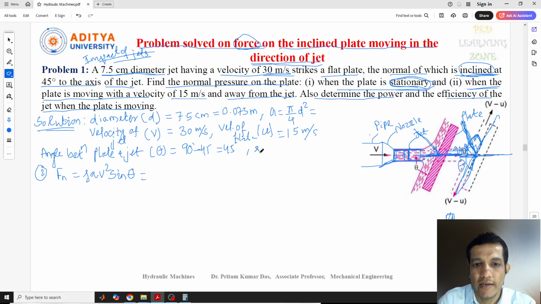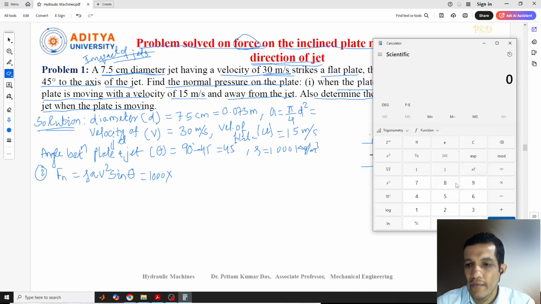So I can write density equal to 1000 kg per meter cube. And area, here we need to find out the area. So let's find out the area: pi by 4 d square. So pi into d square, that is 0.075 square, divided by 4.